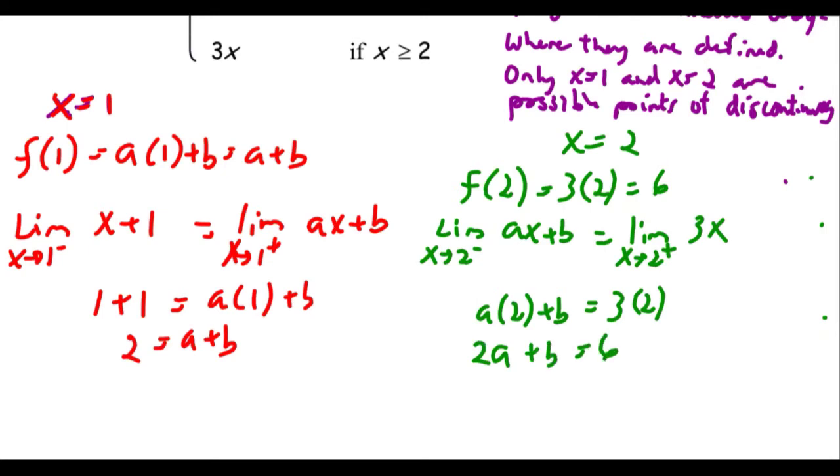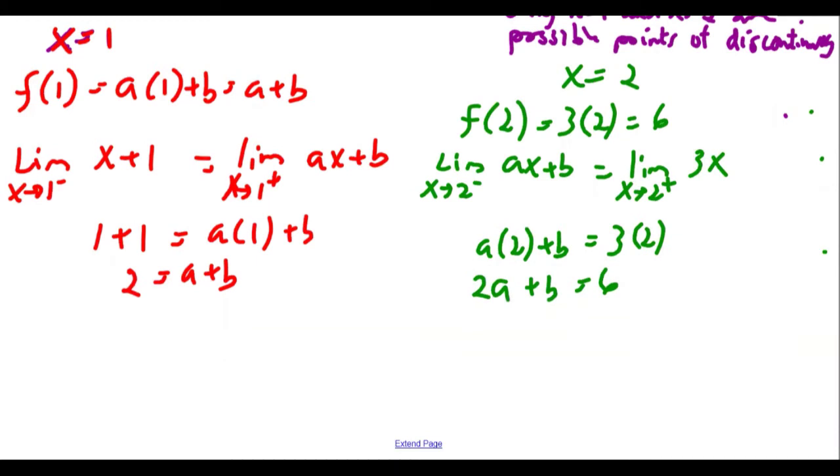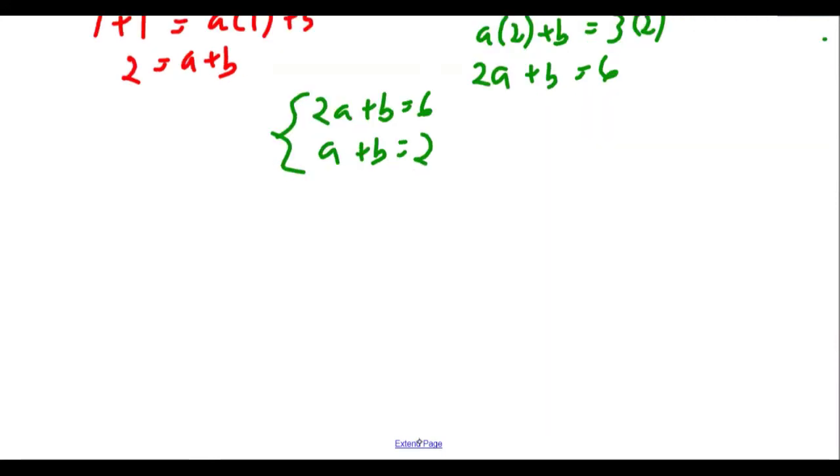So I got 2 bits of data here. Let's put that together. I now have 2a plus b equals 6 and a plus b equals 2. I need to solve this system of equations. We have the elimination method, the substitution method, matrices. We've learned all kinds of methods.